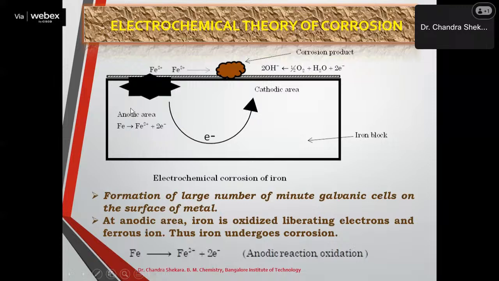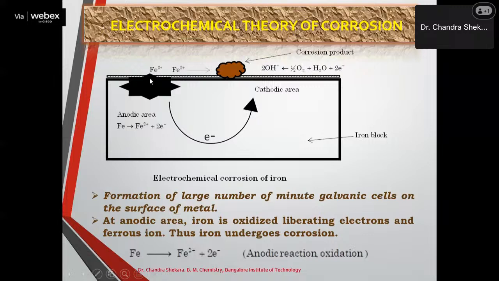Therefore, in anodic area, whatever metal atoms are there, those metal atoms get oxidized. For example, when we take iron metal, Fe is oxidized to Fe2+ by liberation of 2 electrons. This is the reaction that occurs at the surface of the anodic area.